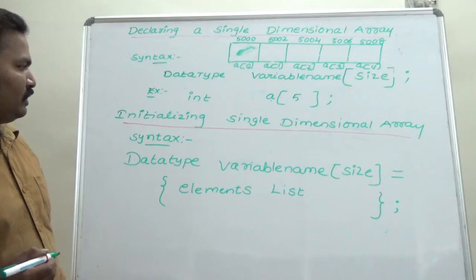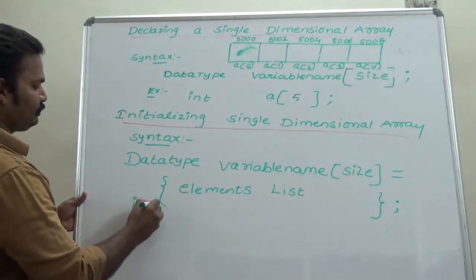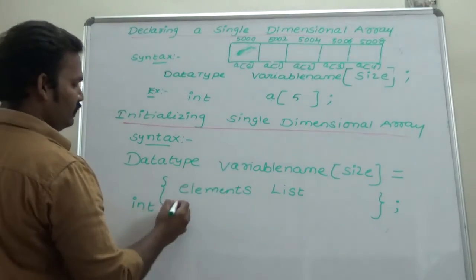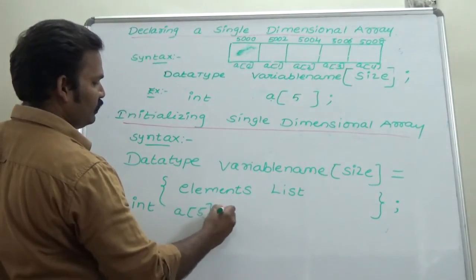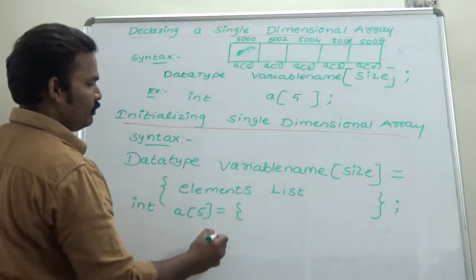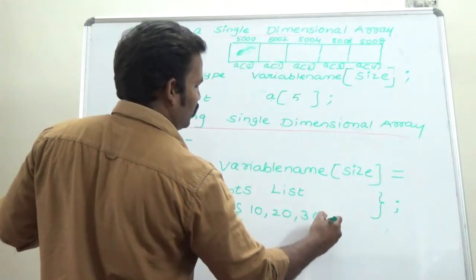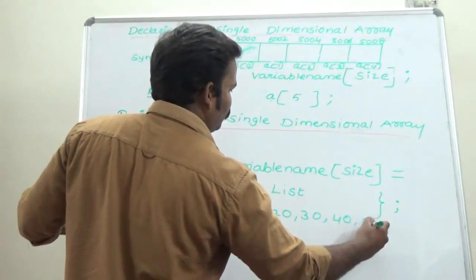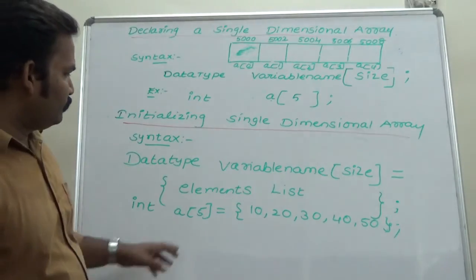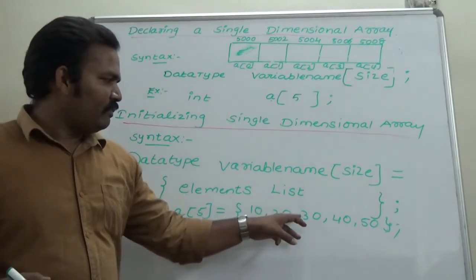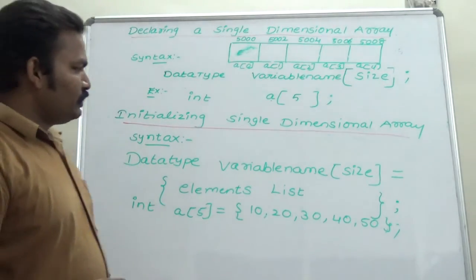Now I want to assign some values. Enter variable name a of 5 is equals to opening brace 10 comma 20 comma 30 comma 40 comma 50. Here each and every element should be separated by commas.